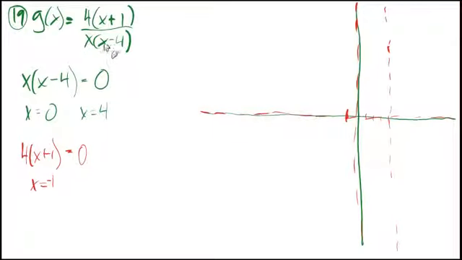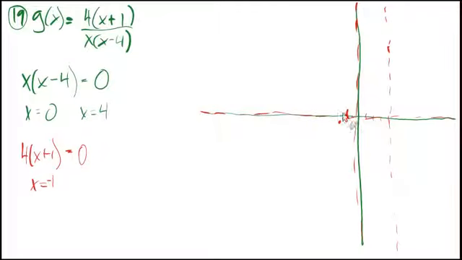That's going to be a positive 12. So a -4 over a positive 12 would be a -1/3. So that's going to be somewhere right there.